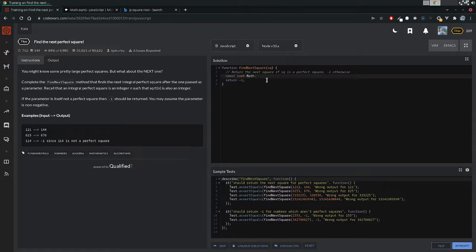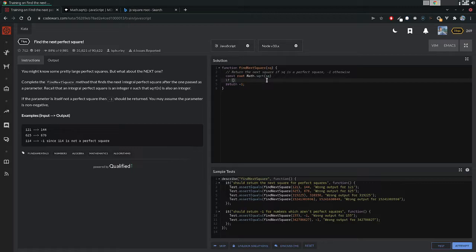Math.sqrt of the square. And then if the parameter itself isn't a perfect square. So then, I think we do that thing again.